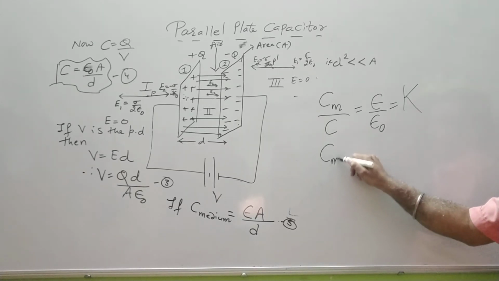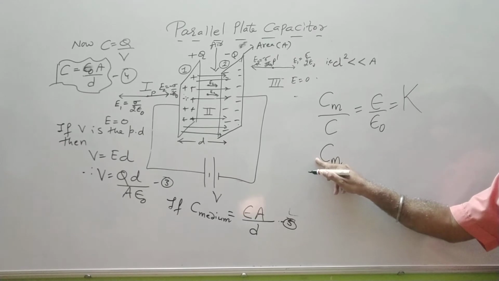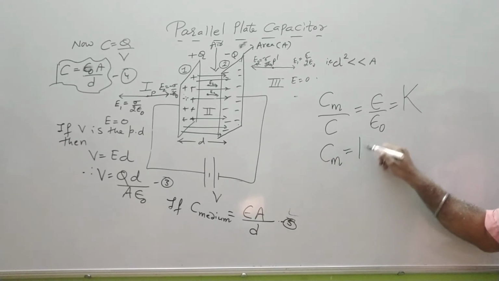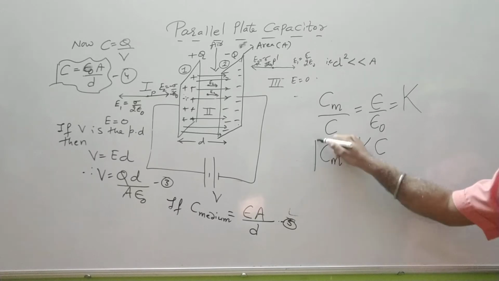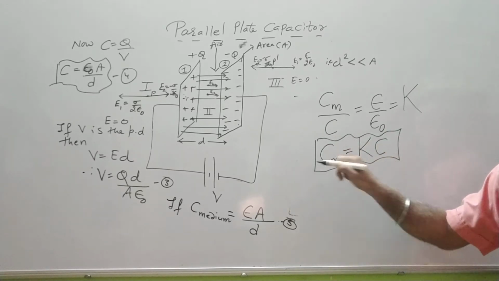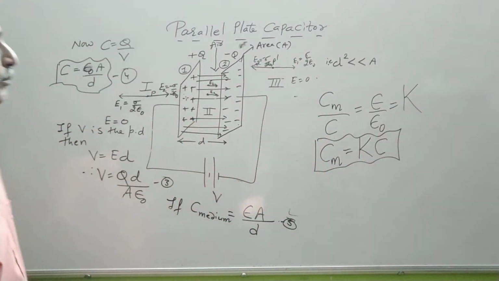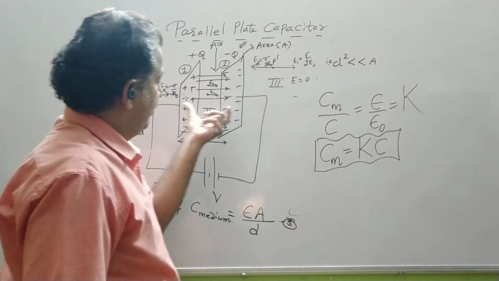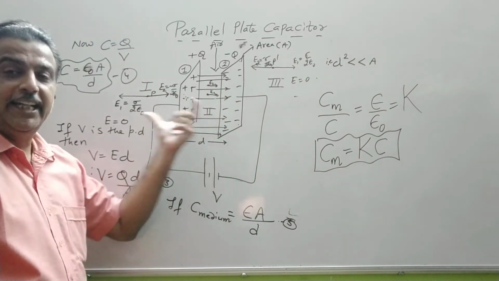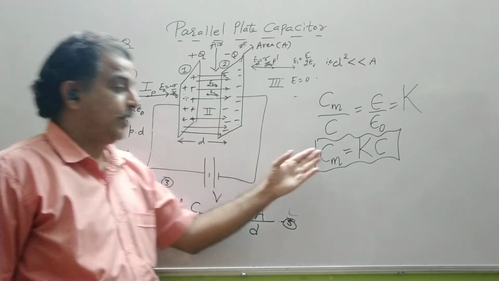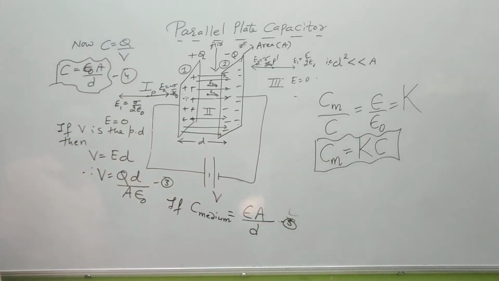So C medium, that is the capacitance having medium between the two plates, is K times the capacitance of a capacitor having air as a dielectric medium or vacuum. So clearly, whenever we introduce the dielectric medium, the capacitance will become K times the initial capacitance. So this is a simple theory for a parallel plate capacitor.